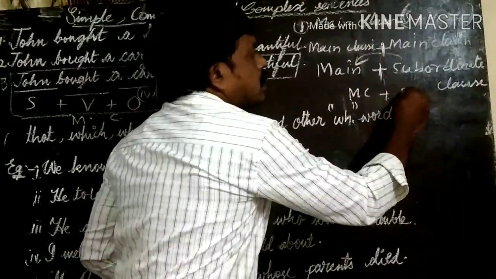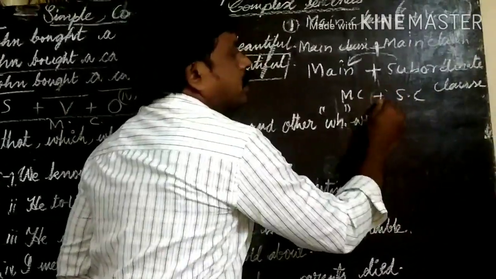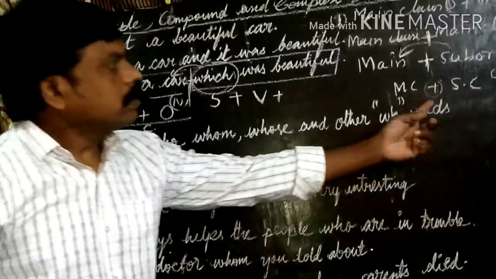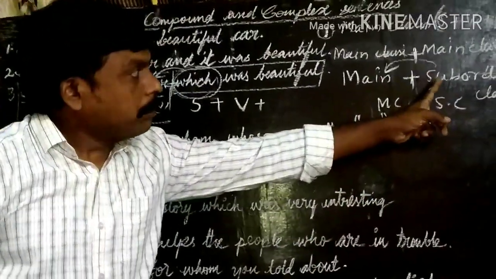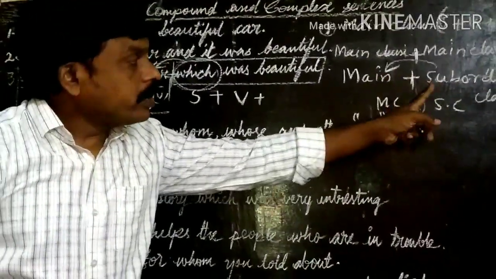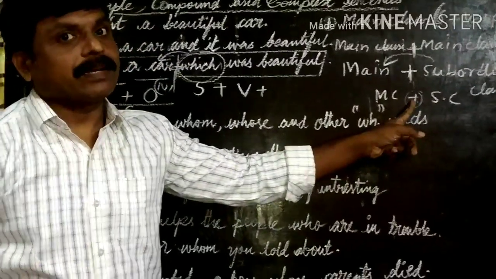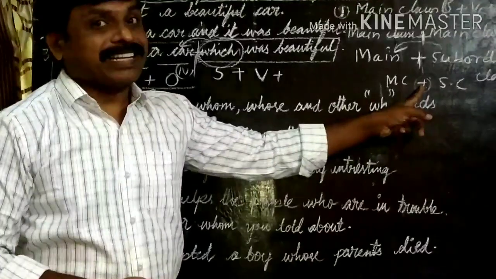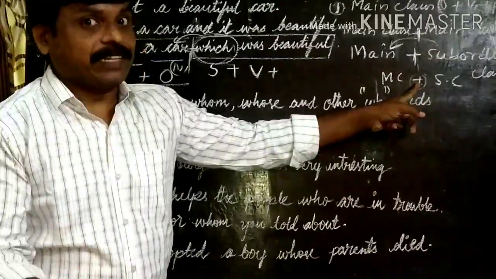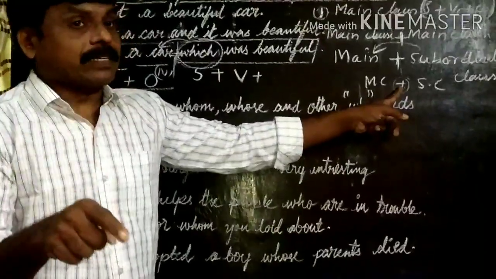Main clause plus subordinate clause. To connect the subordinate clause to the main clause, we use some conjunctions, like subordinate conjunctions.